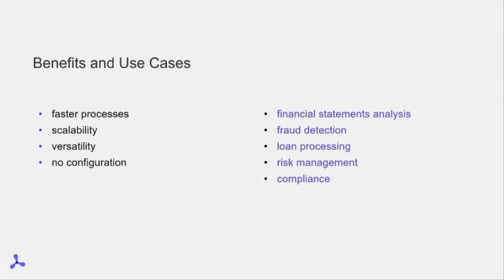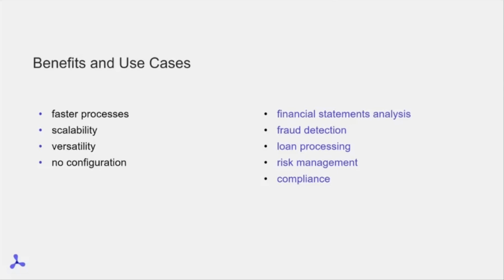Banks can use table detection to automate loan processes. This involves extracting data from various sources, such as loan applications, credit reports, and financial statements, to evaluate creditworthiness and make lending decisions. Another use case is risk management.